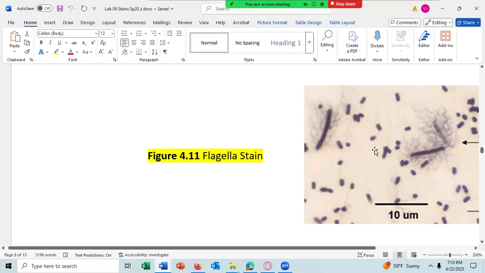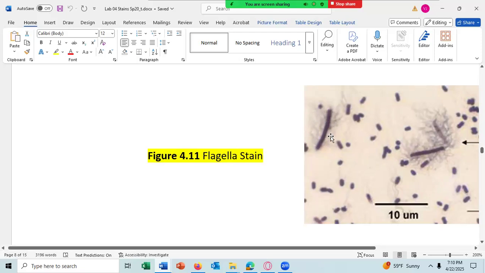And then the cell will put out more flagella, usually on the same end. Like this one has two on this end right there. And then it'll have more flagella on both ends. And then it'll start putting flagella out all over the cell, and that will be peritrichous. So these cells are peritrichous.